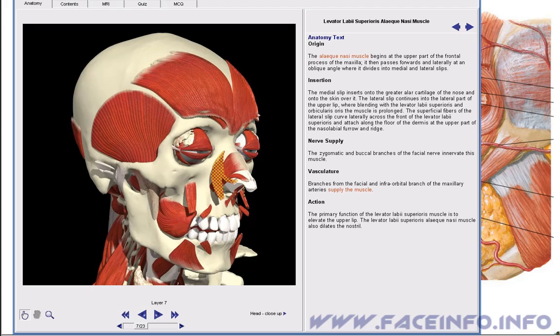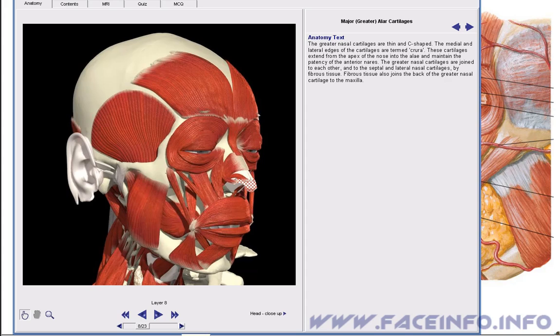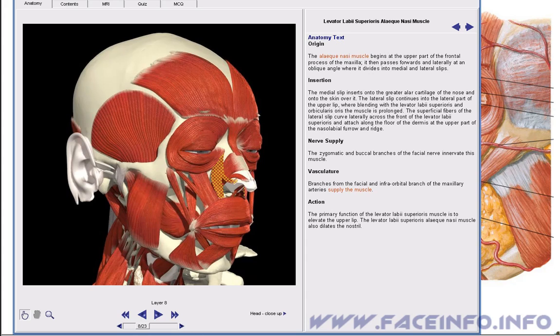The medial slip joins the greater lateral nasal cartilage and the skin above the cartilage. When this slip works, the nostrils widen, and the lateral slip is woven into the orbicularis oris muscle. When it works, the upper lip is lifted.